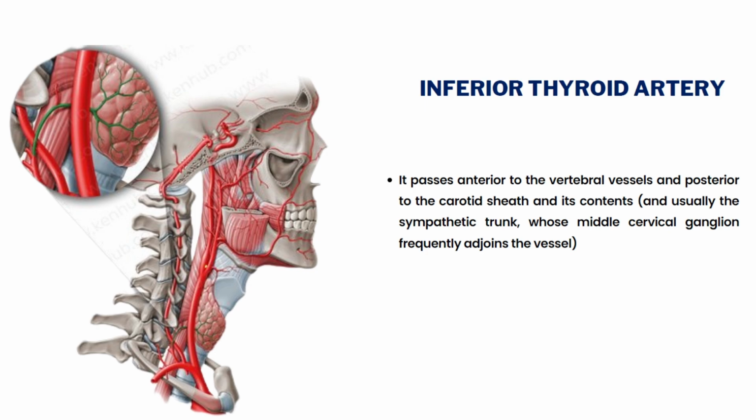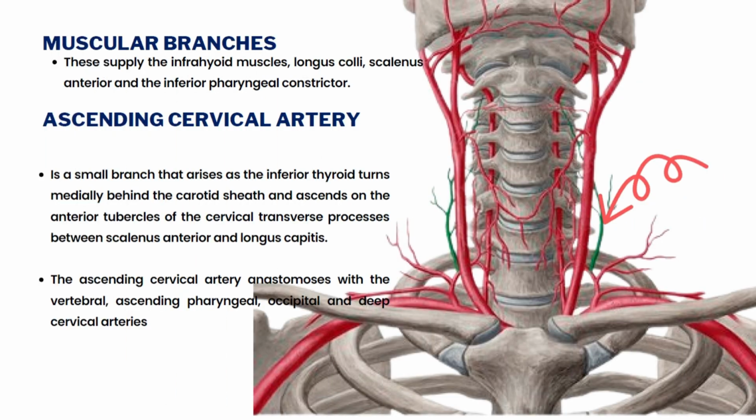The inferior thyroid artery branches off into the arteries that serve the larynx, thyroid gland, parathyroid glands, and other structures and muscles in the neck and throat. These branches are muscular branches, ascending cervical artery, and inferior laryngeal and pharyngeal branches. The muscular branches supply the infrahyoid muscles, longus colli, scalenus anterior and inferior pharyngeal constrictor.